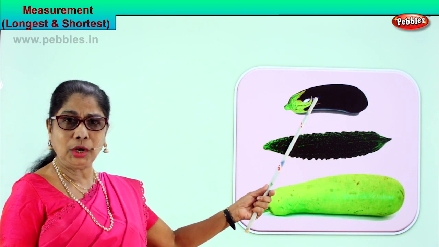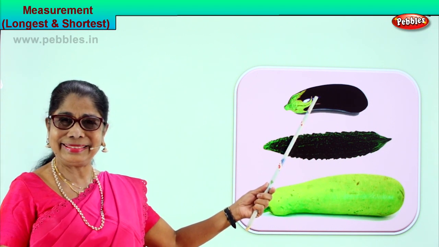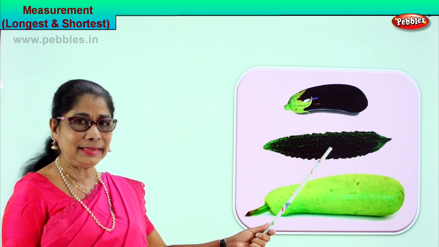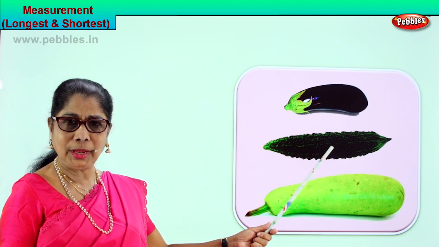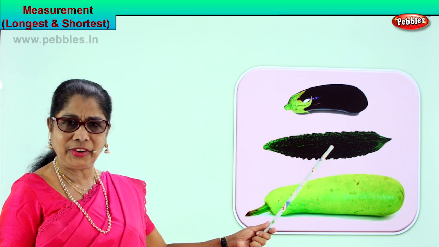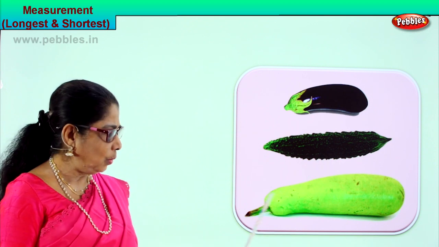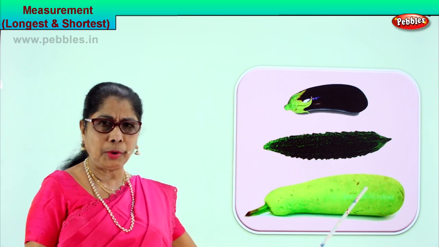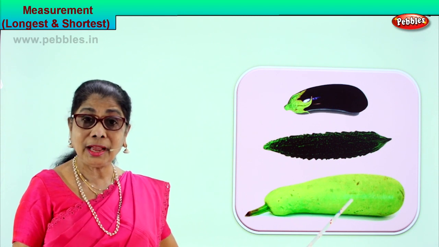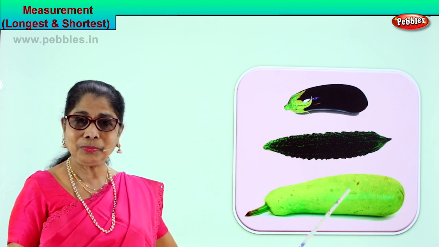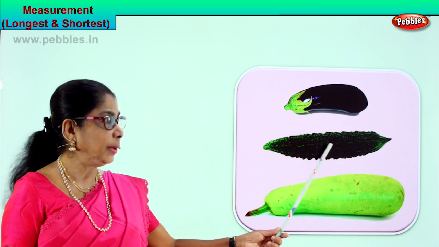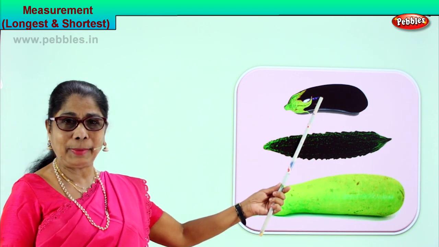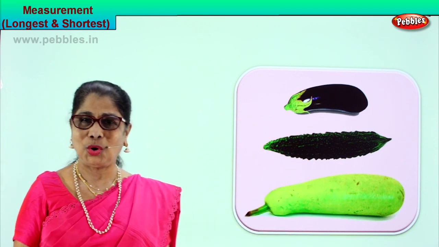A brinjal, eggplant. This is bitter gourd. I'm sure you don't like it because it is very bitter. And what is this? It's the shape of a bottle, and we call it bottle gourd.